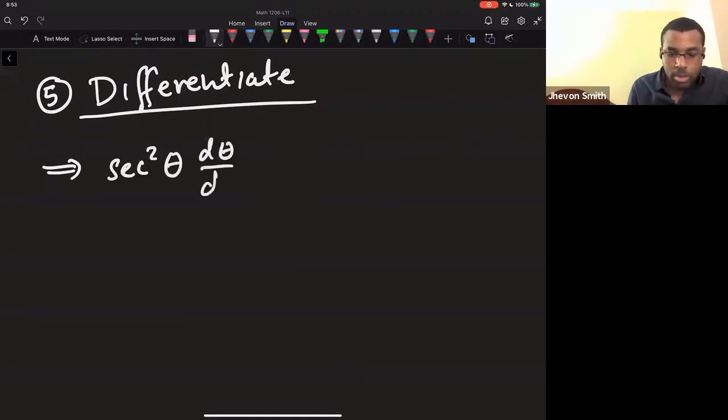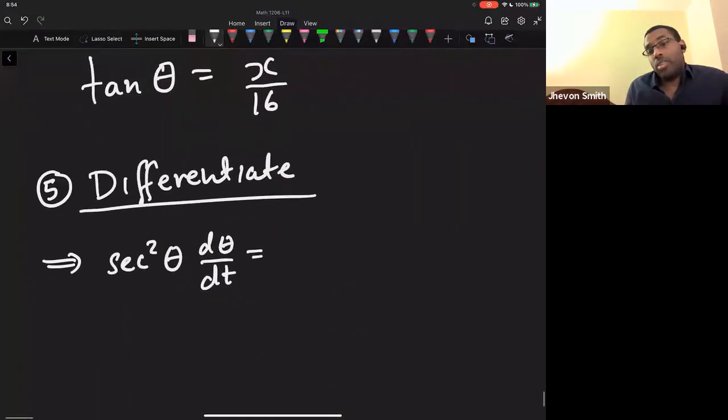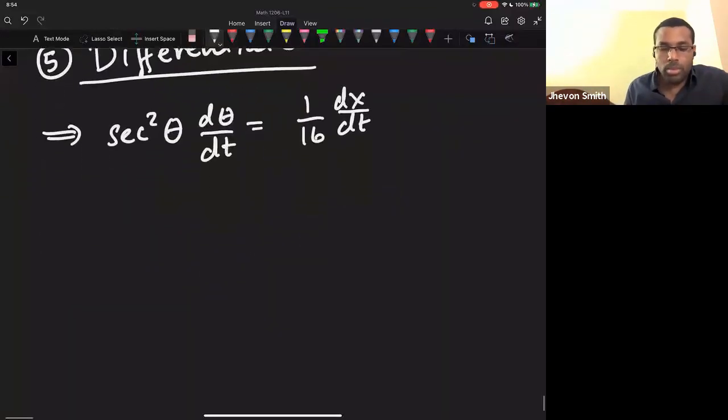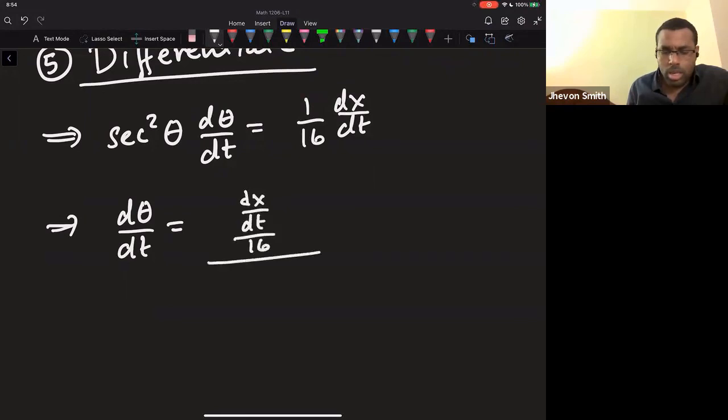Now I have to put d theta dt because it's not t. And the derivative of x over 16 is just 1 over 16 dx dt. So this would mean that my d theta dt is equal to dx dt over 16, over secant squared.